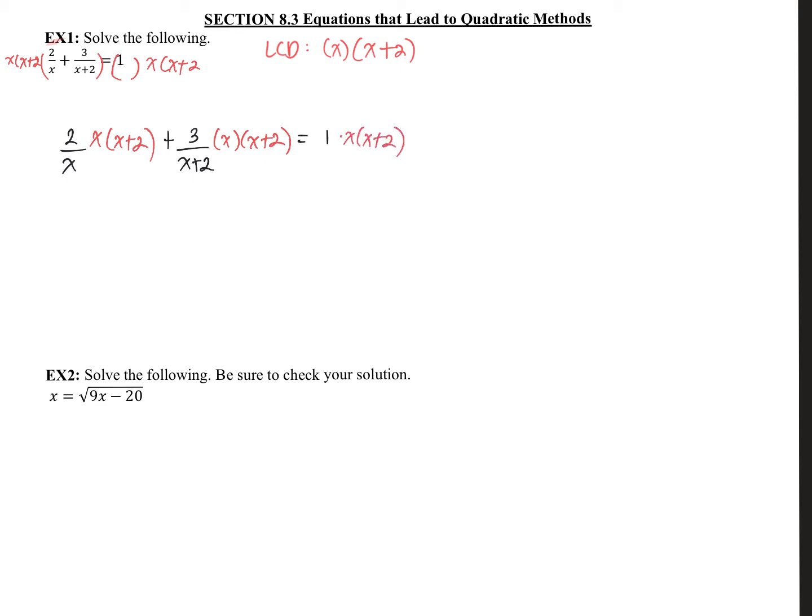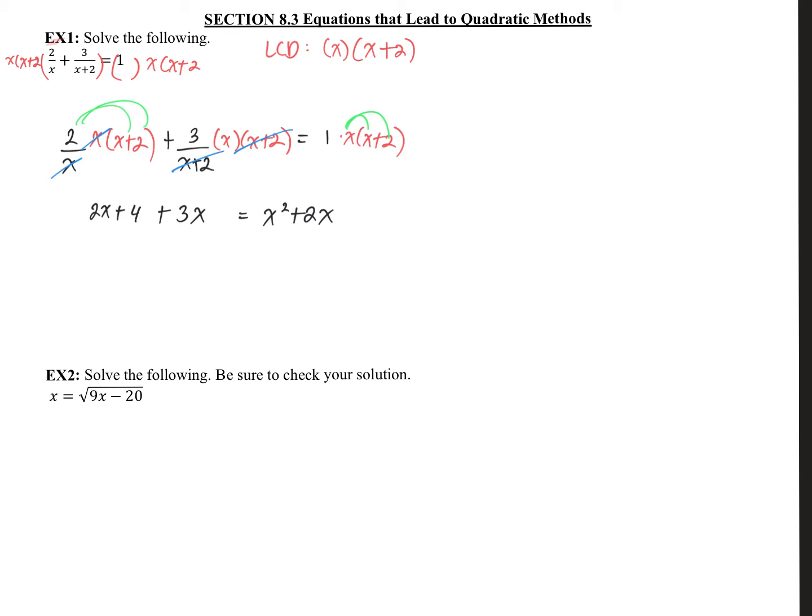Okay, so the x's will cancel there, x plus 2's cancel there, and nothing cancels on the other side. So when I multiply this out, I get 2x plus 4 plus 3x equals x squared plus 2x. Once again, I did some of that distribution right there and right there.